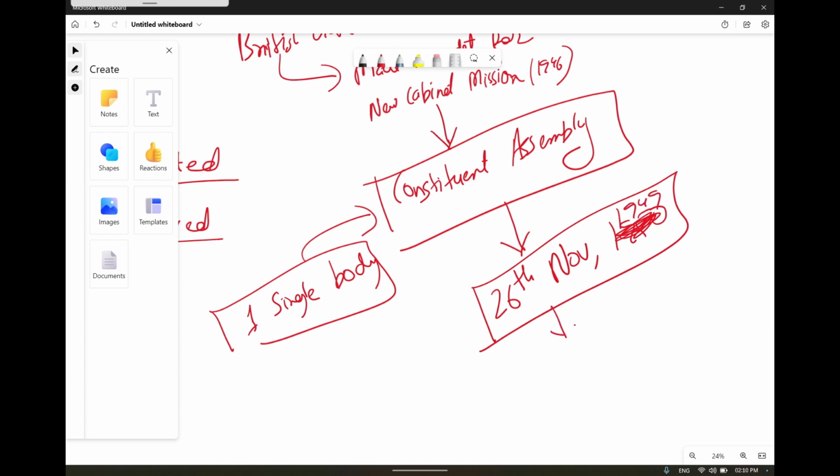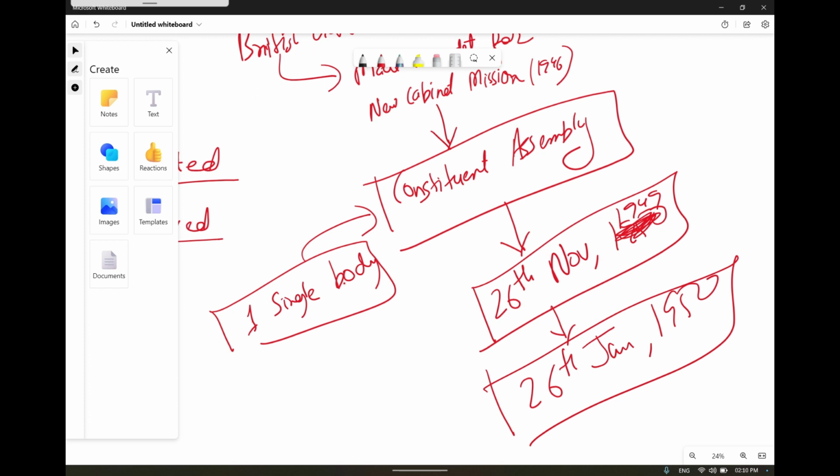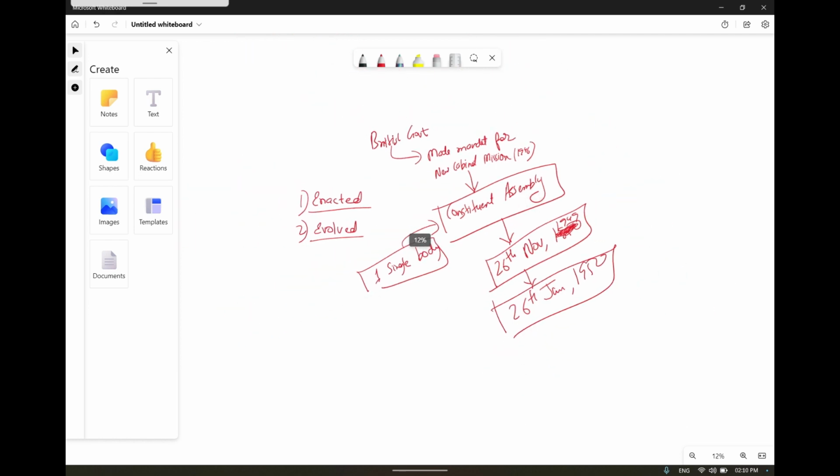And on 26th January 1950 this constitution came into force. This constitution came into force on a single day by a single body, so our constitution is declared an enacted constitution. Now how did this whole story happen? Mahatma Gandhi raised the Quit India movement after the Second World War.